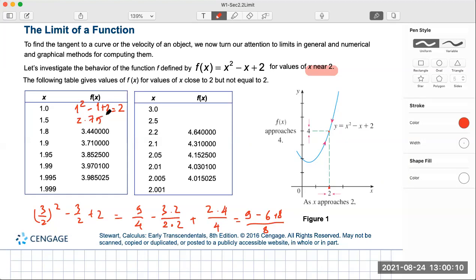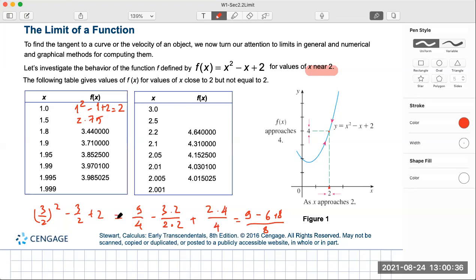How about others? Do you find the same result? Very good. Or we can use fractions, right? 1.5 is 3 over 2. Then we substitute 3 over 2 into this function. We have 3 over 2 all squared minus 3 over 2 plus 2.